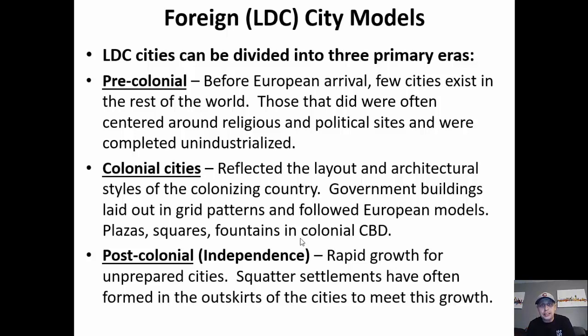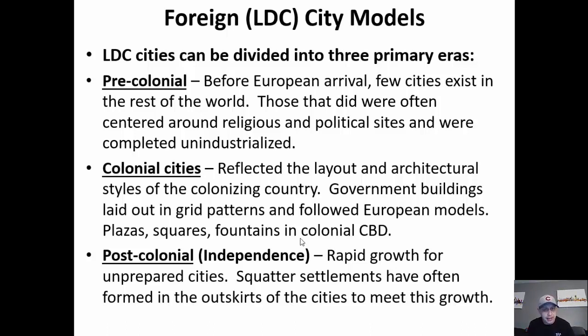Then, of course, we have the post-colonial independent city. These are cities that developed or really grew after Europeans had decolonized, which means left these areas that had been under their control. These are cities that are rapidly growing today, and many of the time these cities are unprepared.